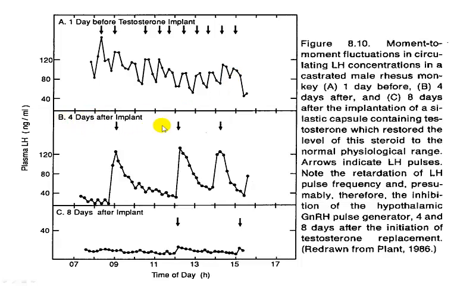And then 4 days after the implant, we switch to what looks like about a 2 to 3 hour cycle. And then 8 days after the implant, there's really no ultradian cycle, right? Less than a day cycle.